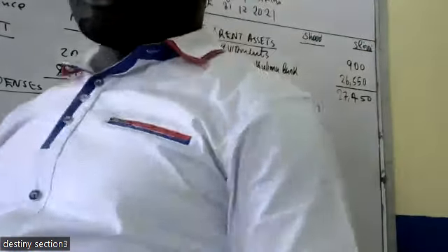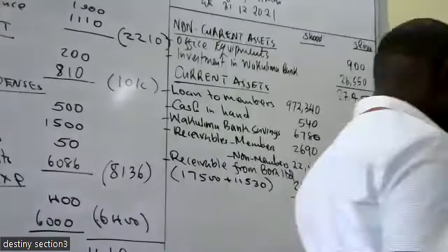So I'm waiting for the total assets, the current plus the non-current.